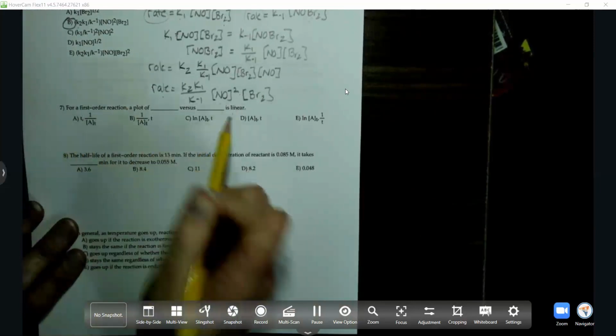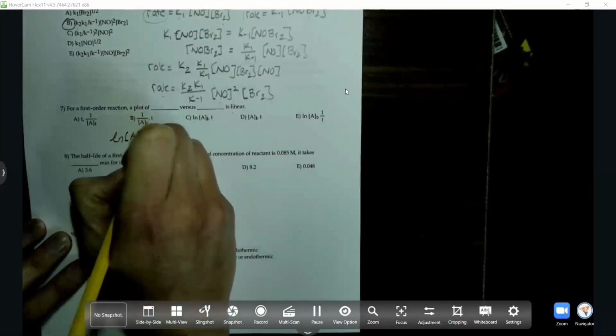Okay, so number 7, it says for the first order reaction, a plot of blank versus blank is linear. Some people like to memorize this. I like to look at the integrated rate law, because the integrated rate law is a linear representation of that type of reaction.